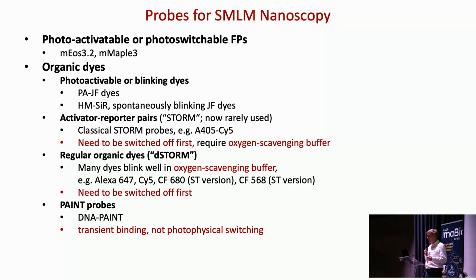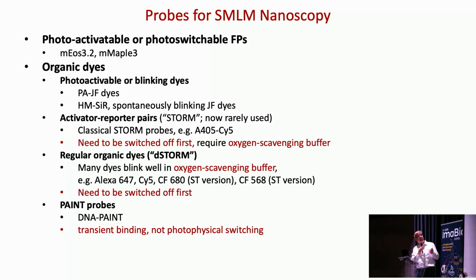We have photo-activatable or blinking dyes, for example, spontaneously blinking dyes that Luc Lavis mentioned yesterday. And I think Luc also contributed here to these photoactivatable Janelia Fluors over the last years. So that's one option.